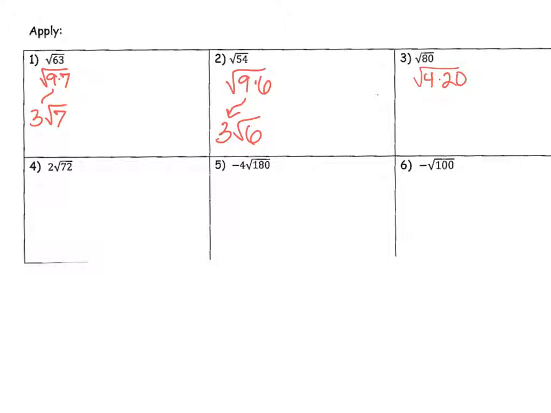Awesome. 4 comes out. 2 and 20. We already did 20? Did we do 20? No. Oh, but what's 20? Because I can still go further. Yeah. Keep the 2 out there.